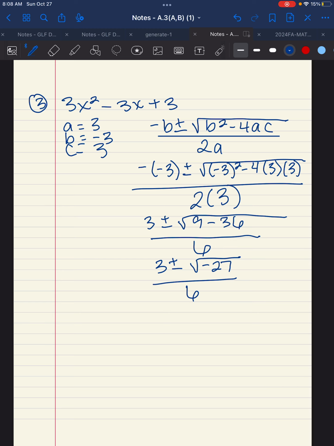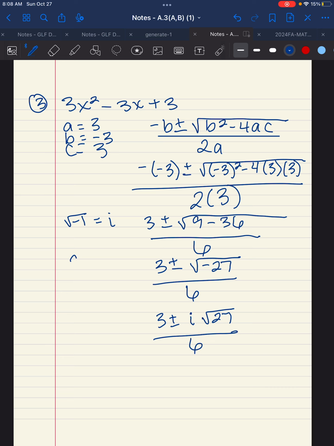Now, this negative cannot be underneath the square root. Even if you type it in the calculator, I think it tells you undefined or error. So let's take that negative from underneath the square root. If you remember, the square root of negative 1 is going to get you i. So this can change to i square root of 27, all over 6, of course.